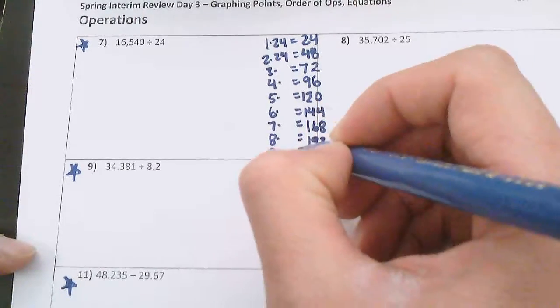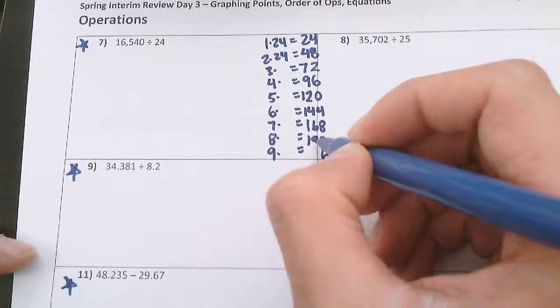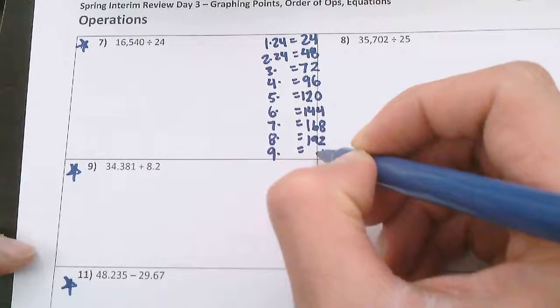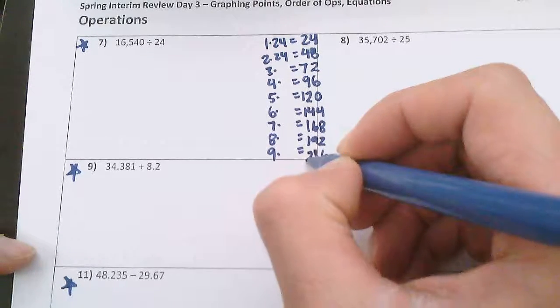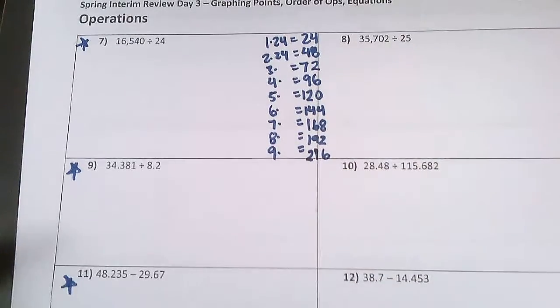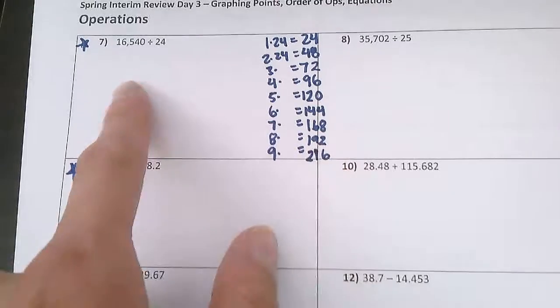And then 9 times 24, that would be a 6, add another 2 here. 216.